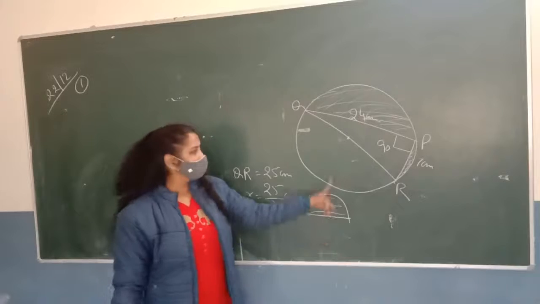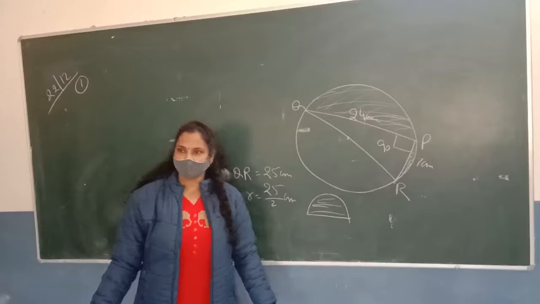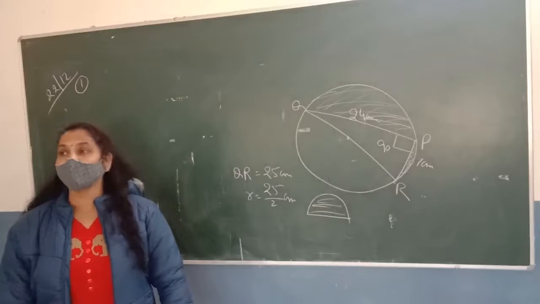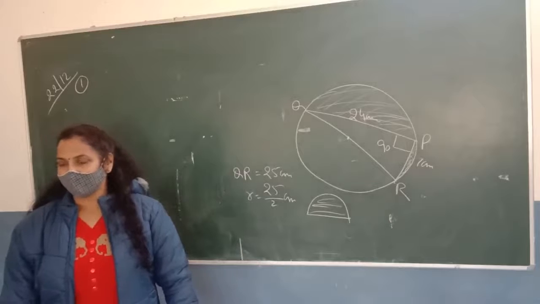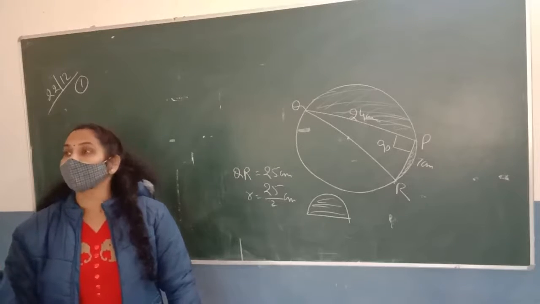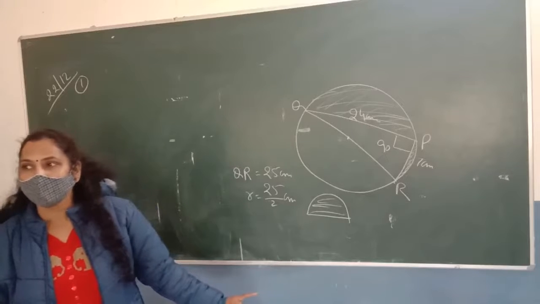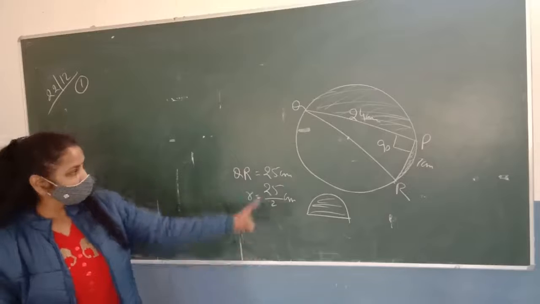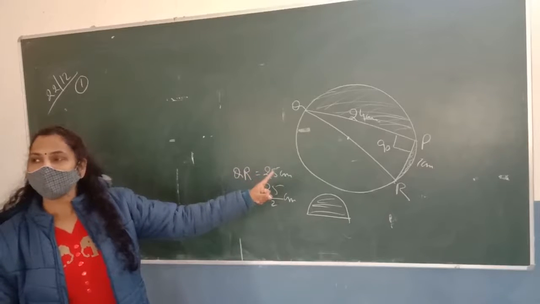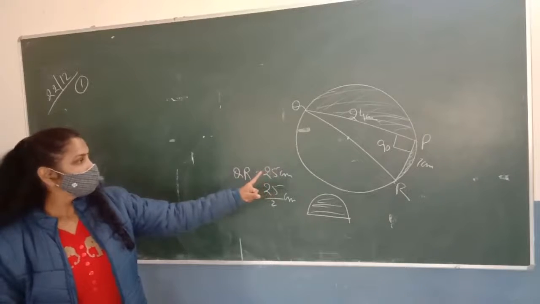Clear? And what is the area of this triangle? The theta upon 360 formula is for a sector, not for the triangle. What is the area of triangle? What is the base here? The height is?